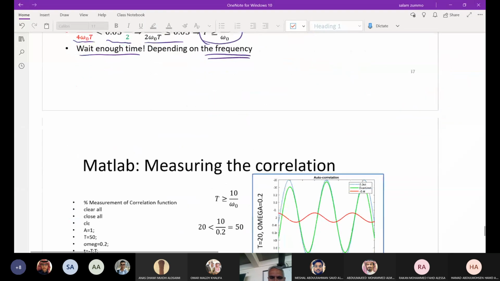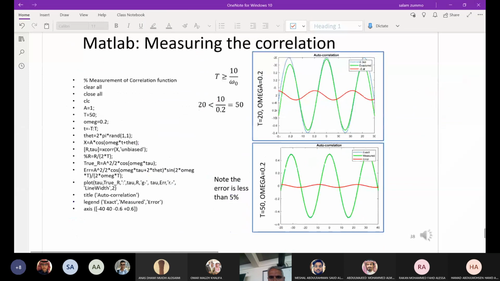Okay, so we are left with, here you have T equal 20, the same example as above, and here you have T equal 50. When we calculated this, we found we have to have 50. When we have only T equal 20, you can see that there is an error. The error is big here, larger than 0.05.